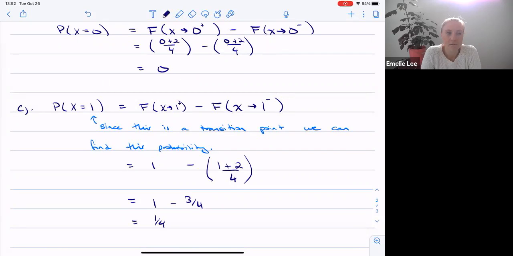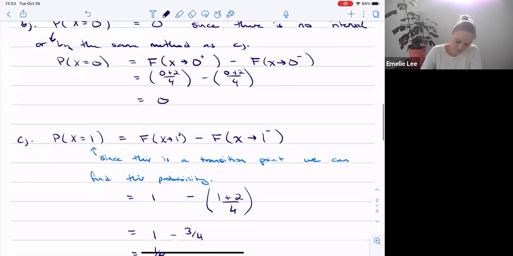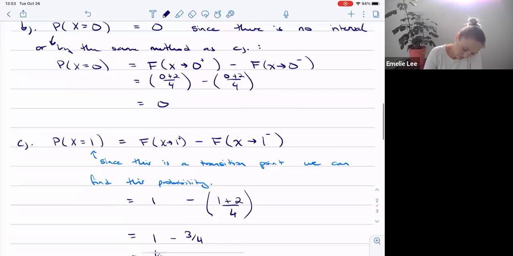But it's because it's not at a transition point, so it's using that same CDF. Okay, good. I think that's good for that one.